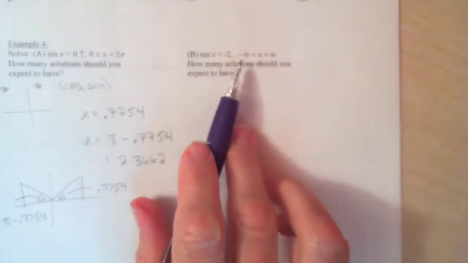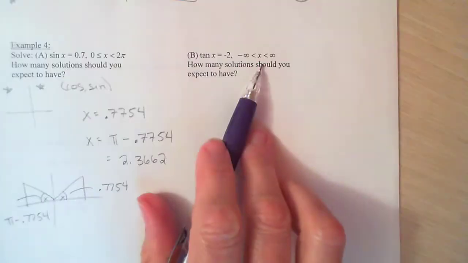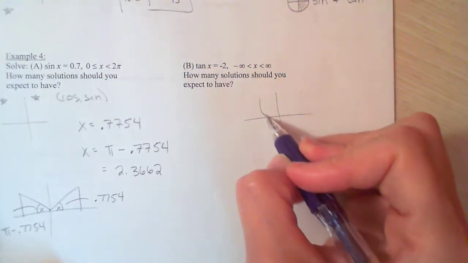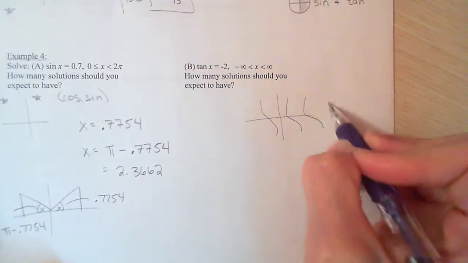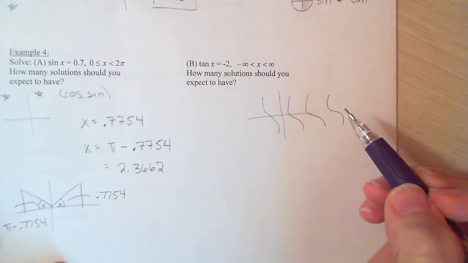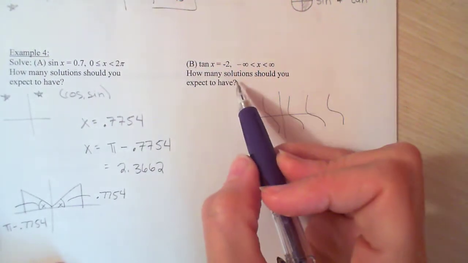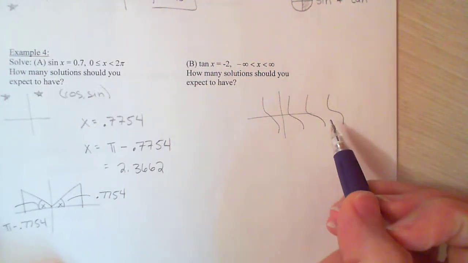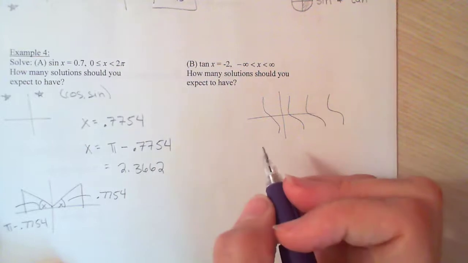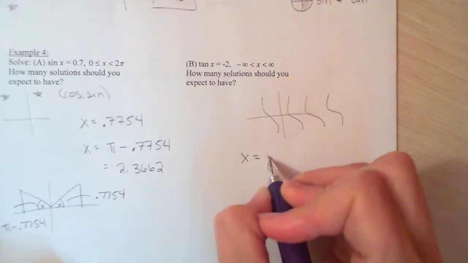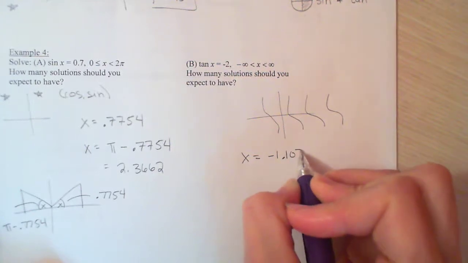All right, and then what about this? This is tangent. This is from negative infinity to positive infinity. So, picture those tangent graphs, right? They do this forever. It's a really, really bad sketch, but you get the idea. So how many solutions should I have? Well, I should have an infinite number. So if I do this on the calculator, I get x equals negative 1.107.